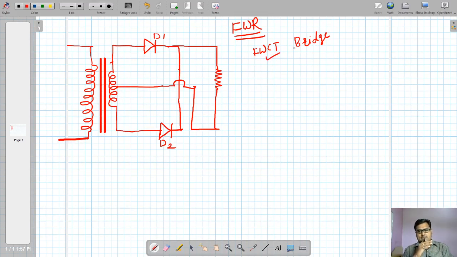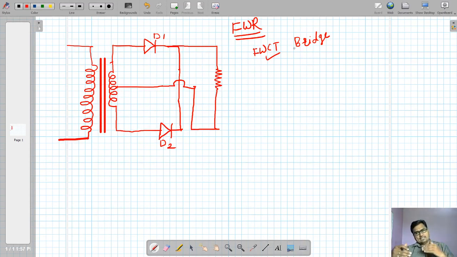We have done the half wave rectifier, and we started with its analysis. We finished the analysis and then turned towards the full wave rectifier. We have two types: the full wave center tap rectifier and the full wave bridge rectifier. We will start with the center tap rectifier. We will understand the circuit diagram, its operation, its waveform, and then move to its analysis.